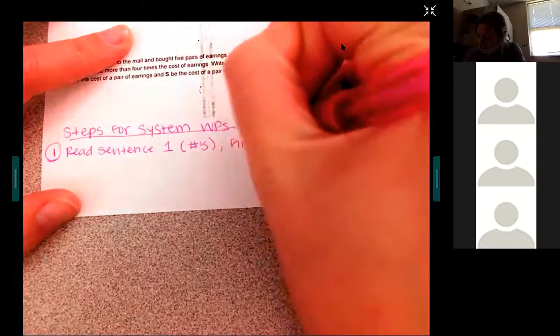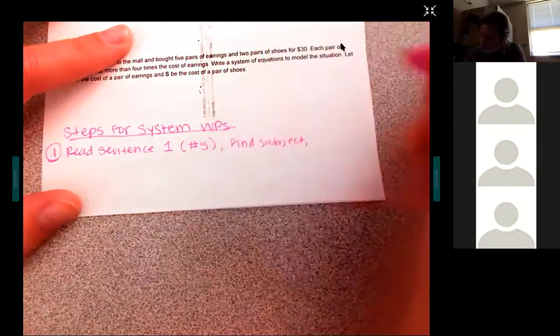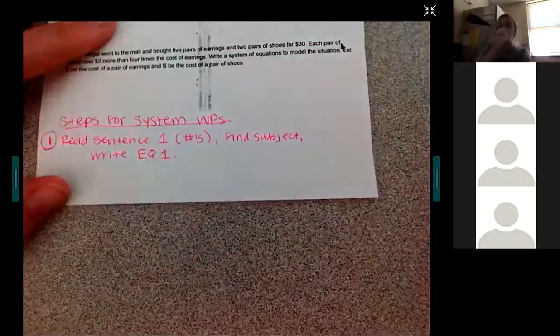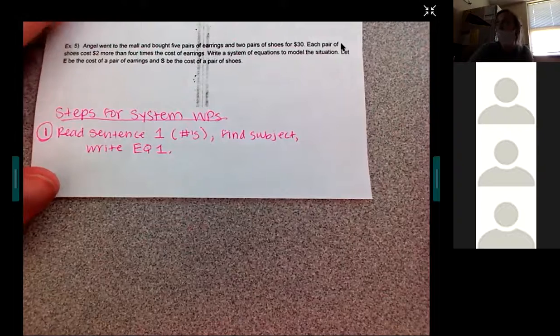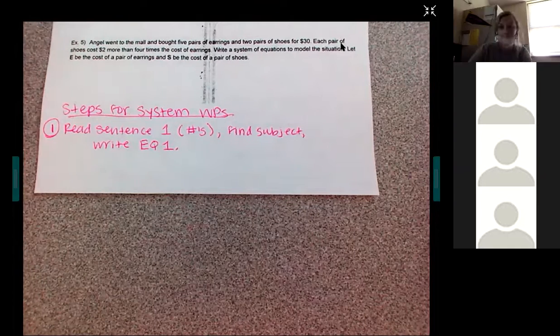Find the subject and write equation 1. Find the subject and write your first equation based on that subject.